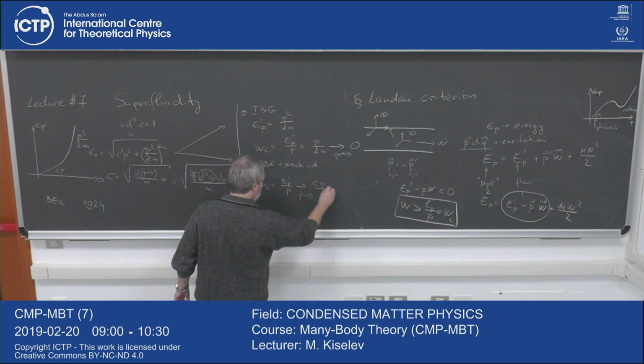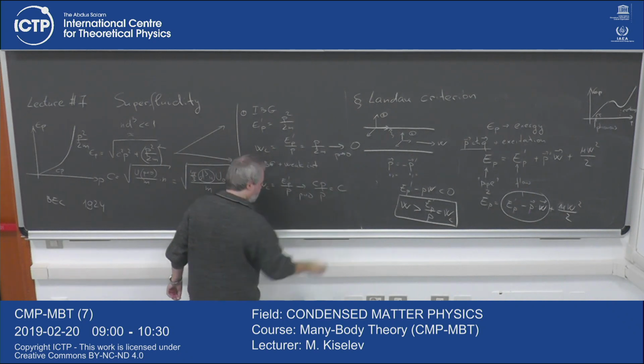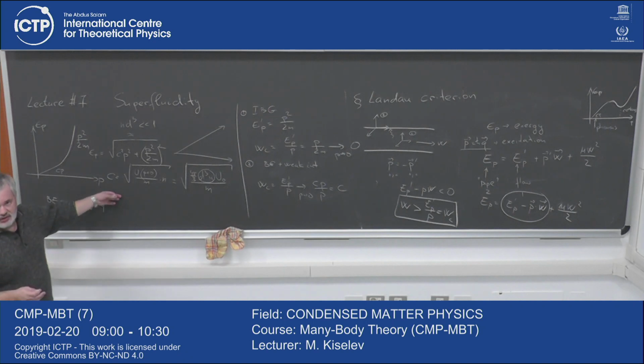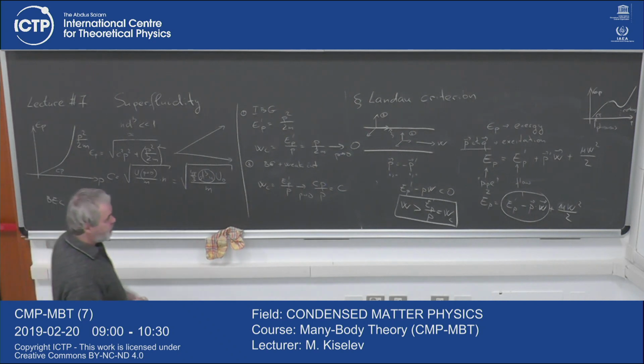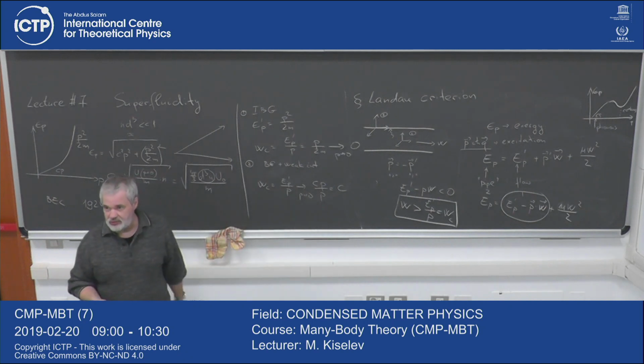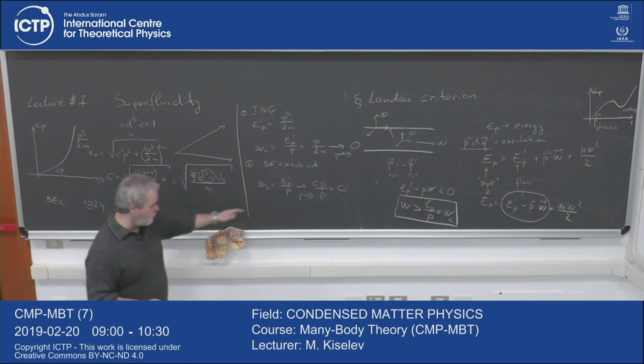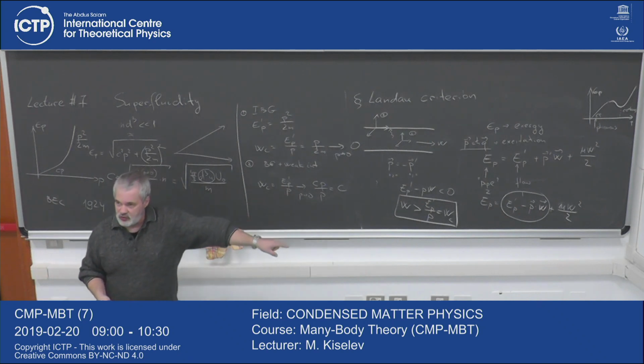We divide cp by p, and we get c. So in contrast to ideal Bose gas, in slightly non-ideal Bose gas, where the low-lying excitations are phonons, so sound waves propagating with a linear dispersion, we see that in accordance with the Landau criterion, the velocity of the flow should exceed a certain critical value, which is the sound velocity.